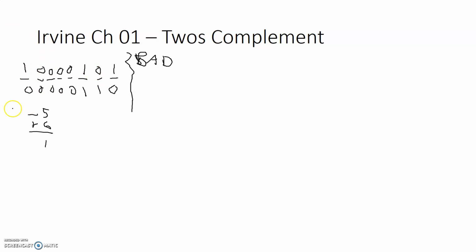The process is: first represent the positive number, then flip the bits, and then add 1.